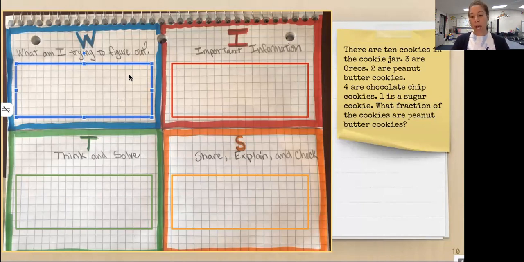I'm going to say question mark, because I don't know yet, question mark of the cookies. I'm going to put my fraction in the question mark: of the cookies are peanut butter. Okay, that's my statement.